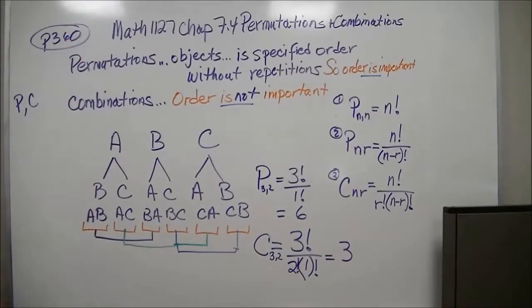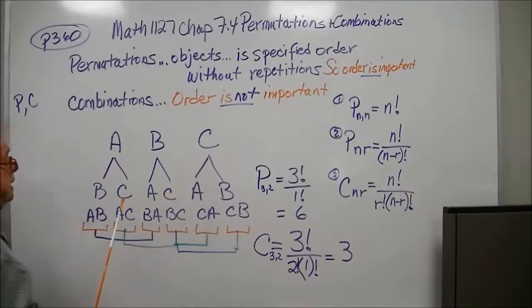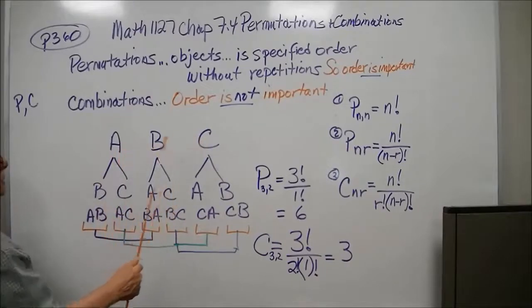And here they have 3 items, A, B, and C. And they want to see how many different permutations we can have with these 3 items, taken 2 at a time.